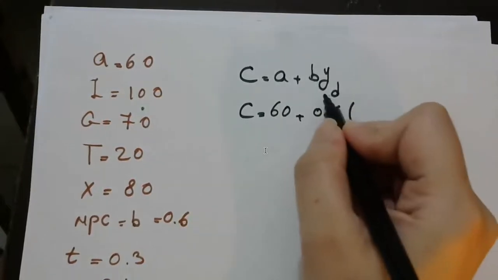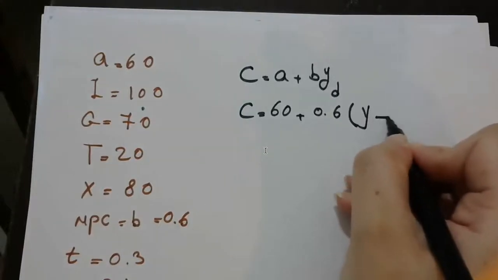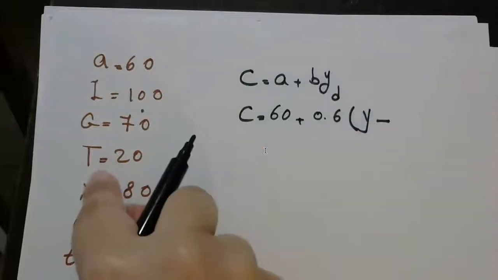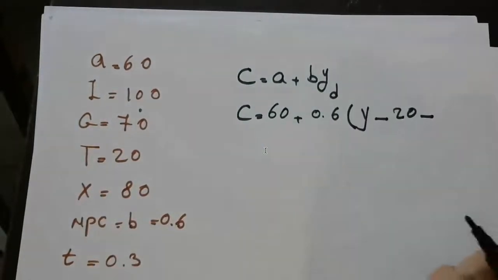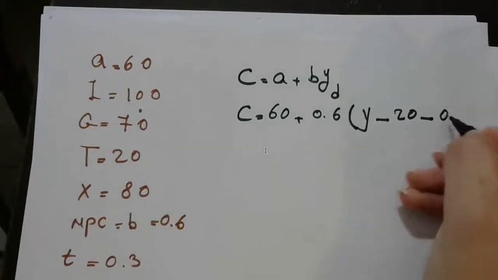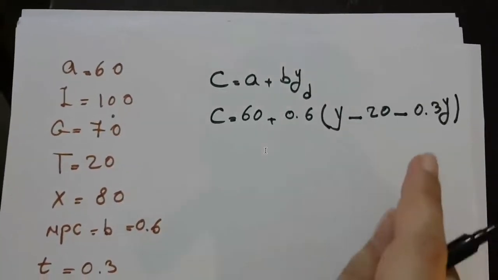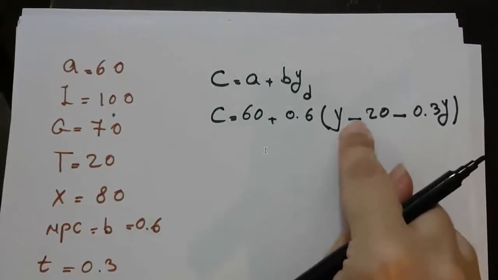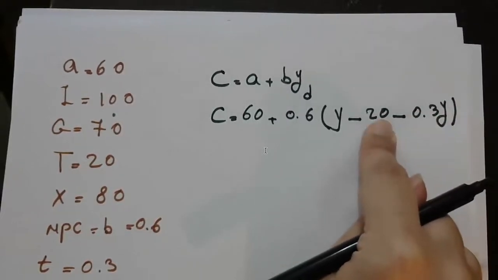And then we have disposable income. Our income minus what? Minus T. Now what is T? We have the autonomous tax and we have the induced tax. Do remember that tax has to be deducted, so the deduction means negative has to be applied to both components of the tax.